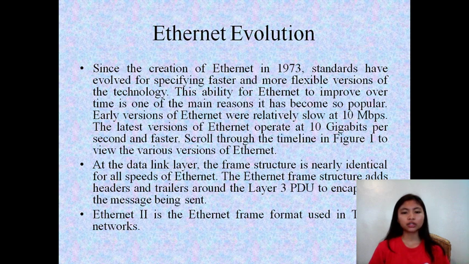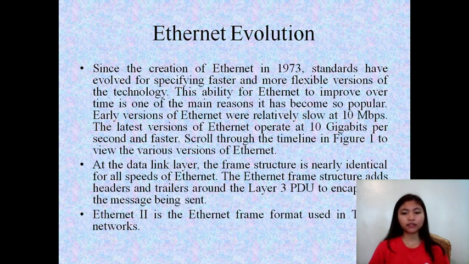Early versions of Ethernet were relatively slow at 10 Mbps. The latest versions of Ethernet operate at 10 gigabits per second and faster. Scroll through the timeline to view the evolution. At the data link layer, the frame structure is nearly identical for all speeds of Ethernet.